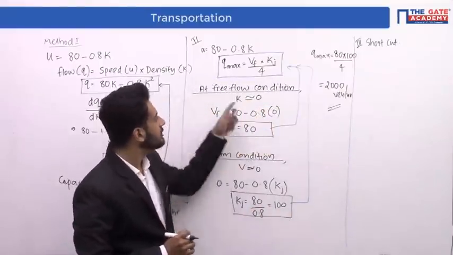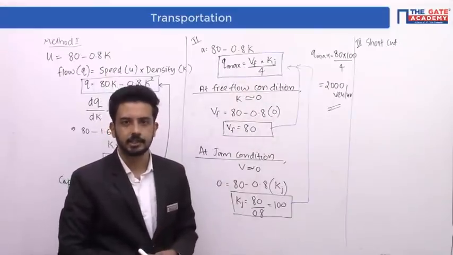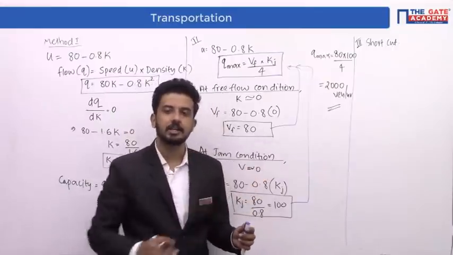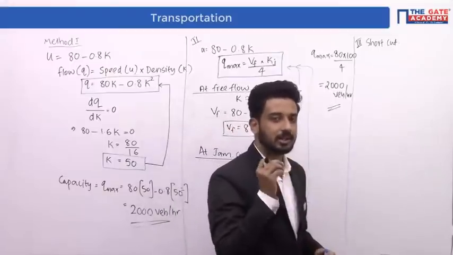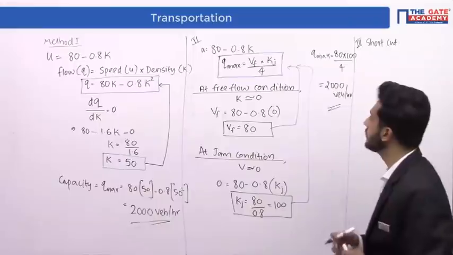Okay? So this equation we are getting as a result of Greenshield theory, as a result of Greenshield's linear relationship theory between speed and density. So Greenshield has given one more expression. Are you remembering it?